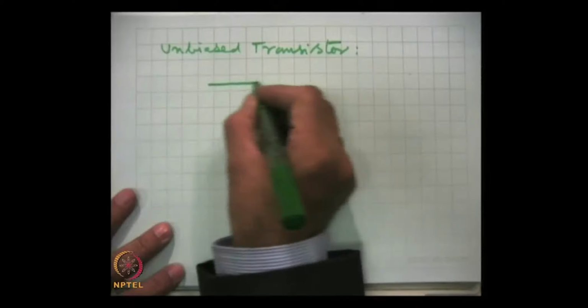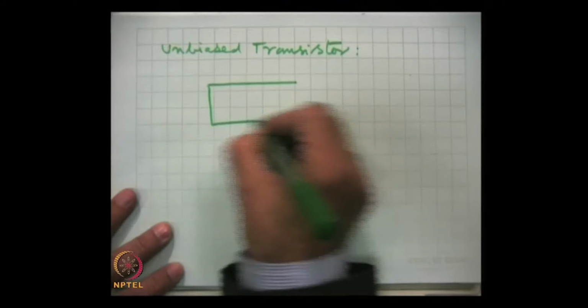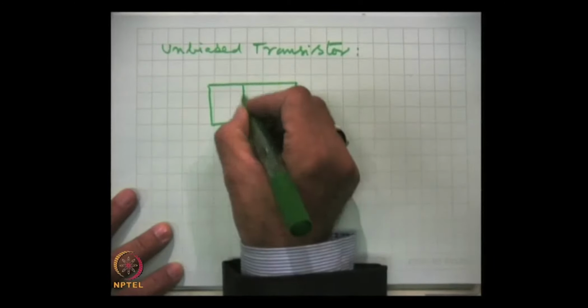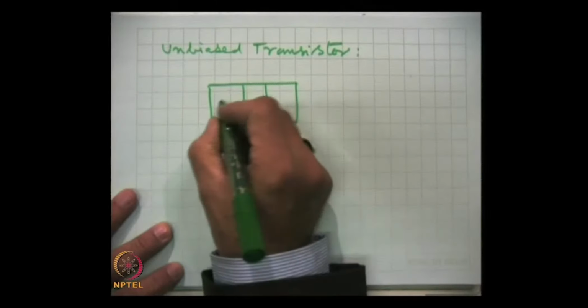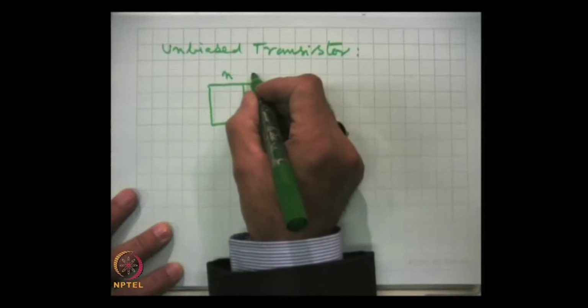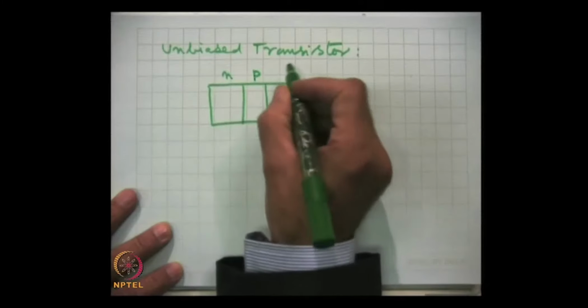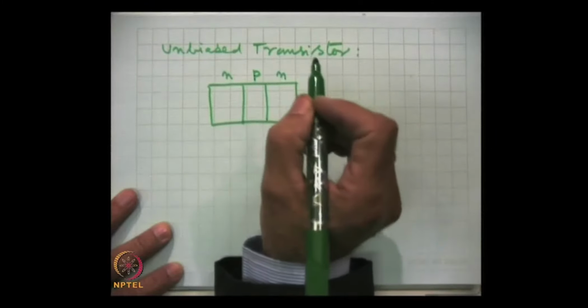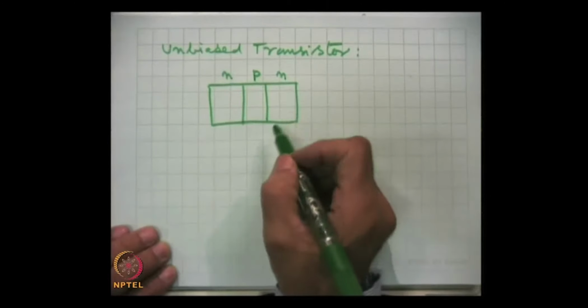So, here this is the N emitter, this is the P base, and this is the N collector.